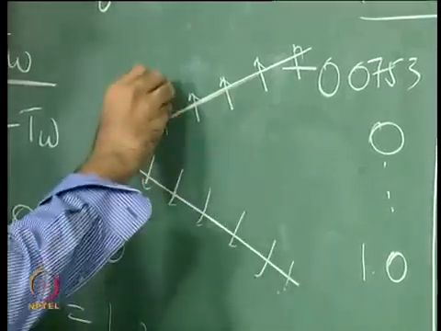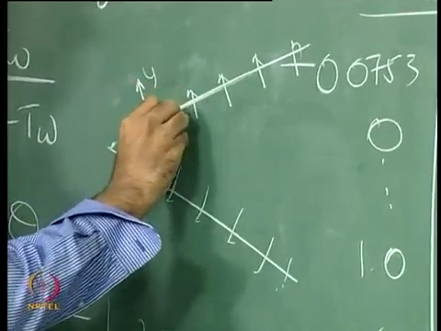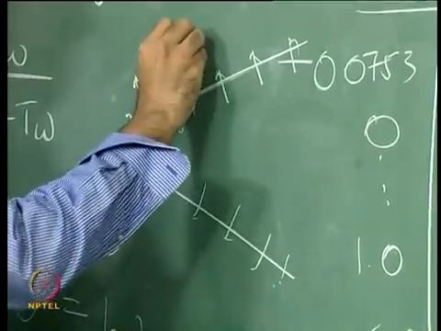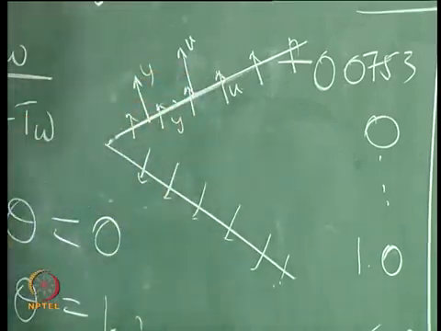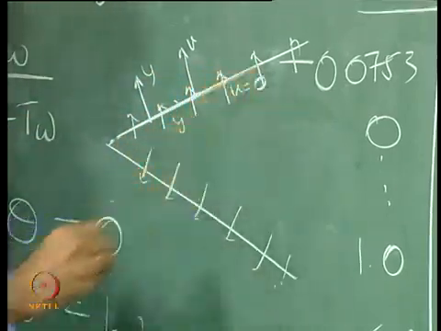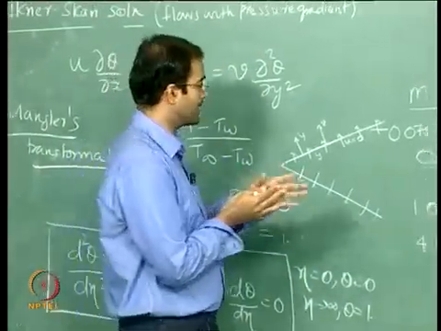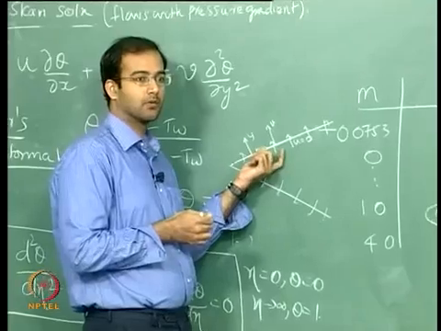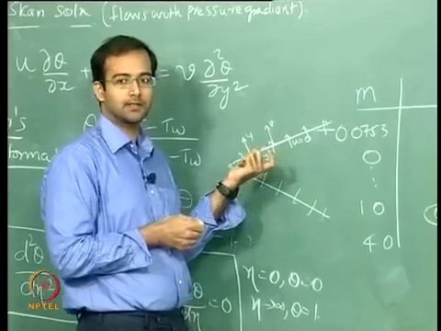So this is your local coordinate x and y, and you can have a v velocity and a u velocity at the wall. Your u velocity is equal to 0 because it cannot slip tangentially, but it is quite possible that you are blowing or sucking. This is called flow with transpiration.